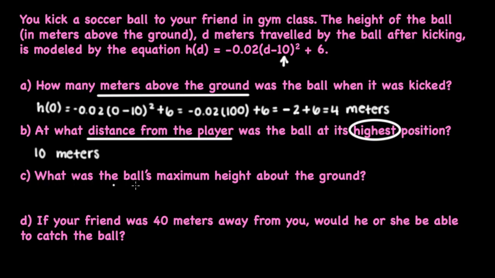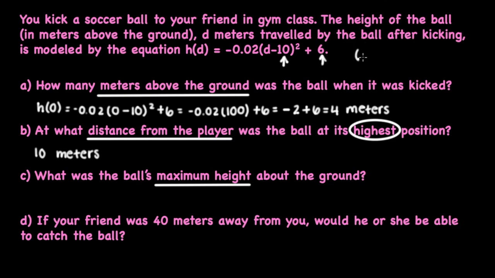Now, the third part asks, what was the ball's maximum height above the ground? Maximum height indicates the height of the vertex, or h of d of the vertex, which you can find in this point right over here.